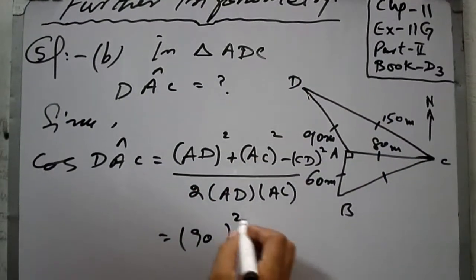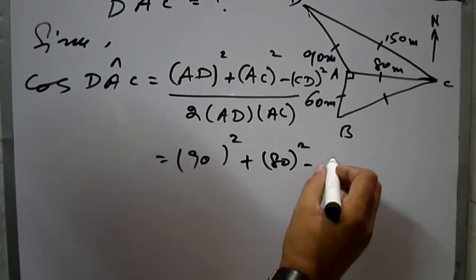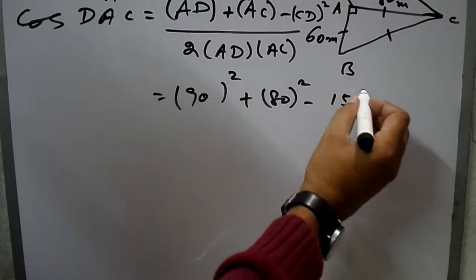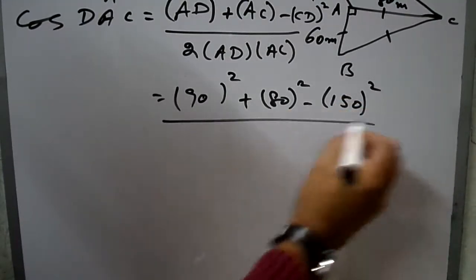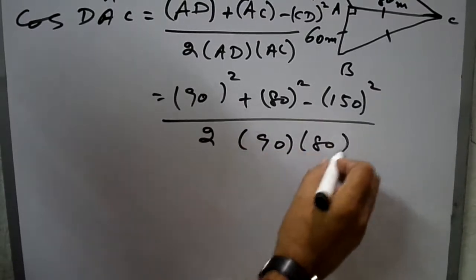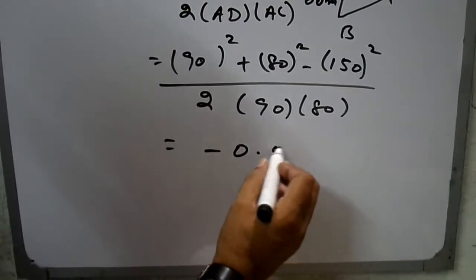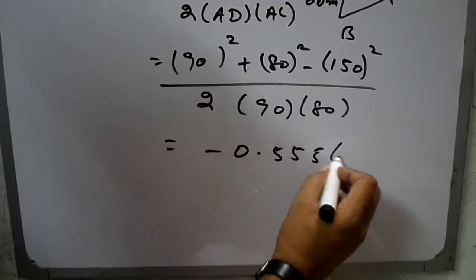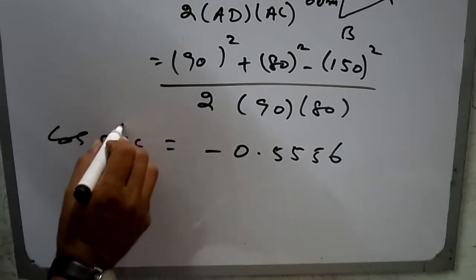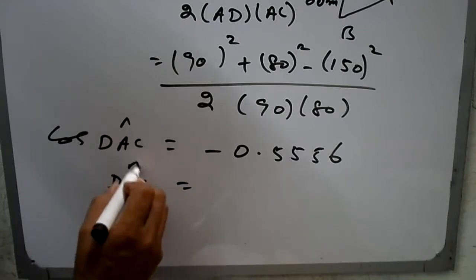So taking the square, and the value of AC is 80, and minus CD is 150, it is given to us. So divided by 2 into 90 into 80. So by simplification you will get minus 0.556. So it is your cos DAC, the angle A, but we need only DAC.